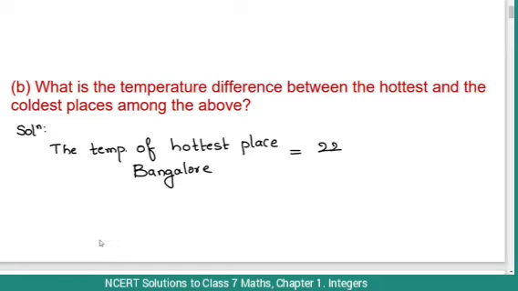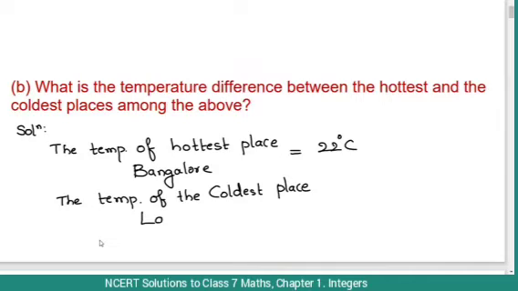Its temperature is 22 degrees Celsius, and the temperature of the coldest place is Lahul Spiti, that is minus 8 degrees Celsius. You have to subtract these two.